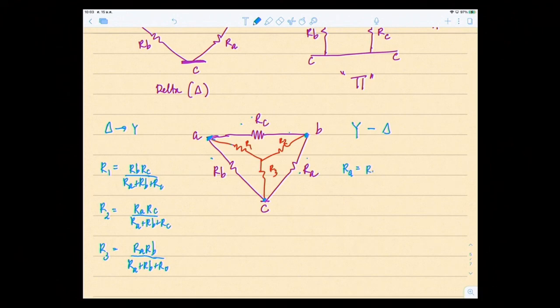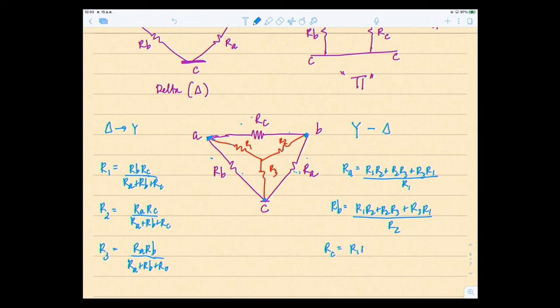So it becomes R1 times R2 plus R2 times R3 plus R3 times R1, divided by R1, because the resistor diagonal to RA is R1. RB, same thing, the numerator R1 R2 plus R2 R3 plus R3 R1, over RB. What's diagonal to RB is R2, so divided by R2.